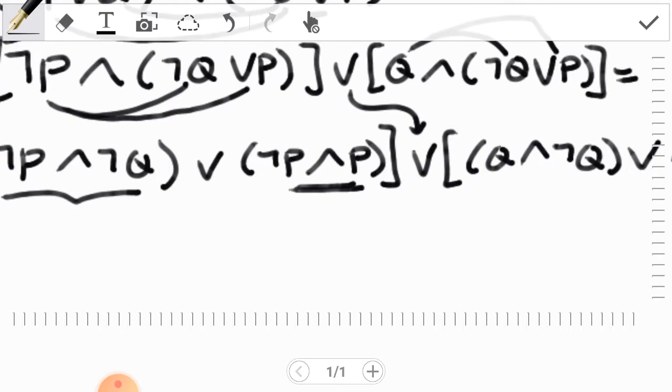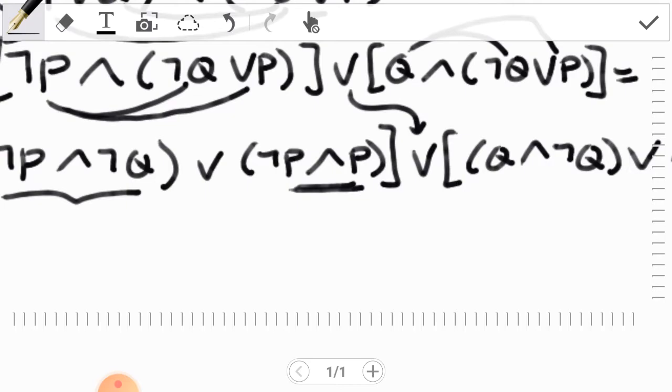So what's this expression here? Not P and P. Go now to formula number 13 under identity. In that list, you will find that not P and P, in your list number 13, there are 8 items.